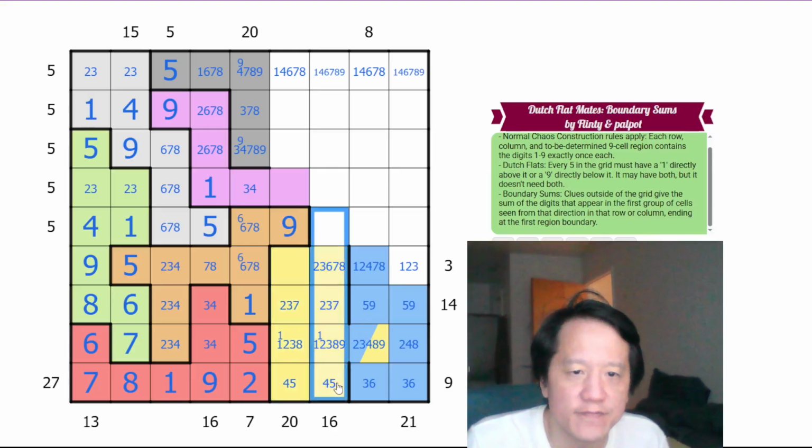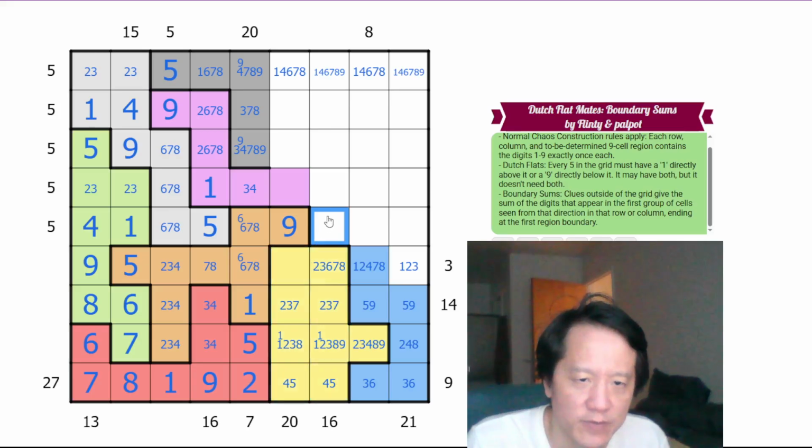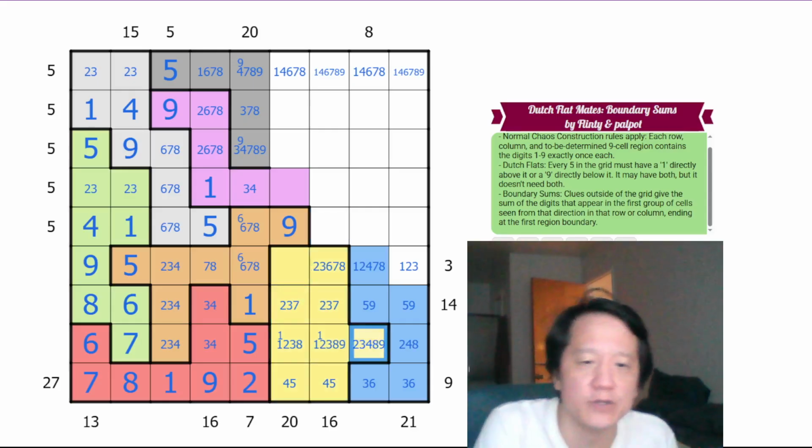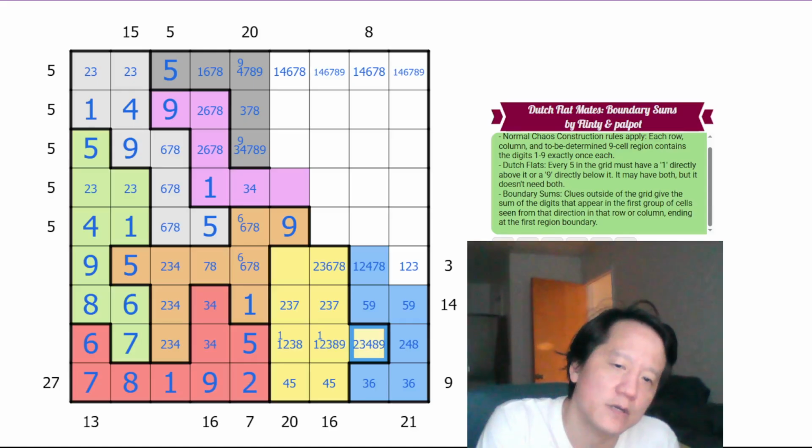You can't have 5 digits here adding up to 16, so then it must go out to here. Because then that would be the full region, 9 digits, which only adds up to 36. So this must be a 9 here, and therefore this is 5, that's 9.